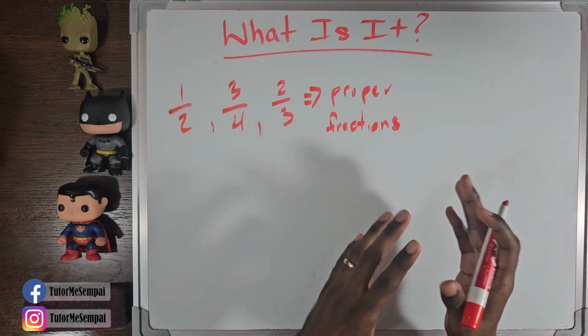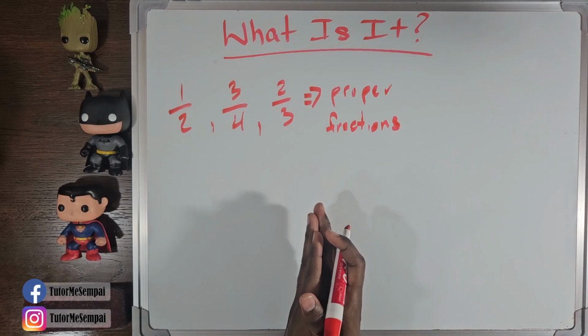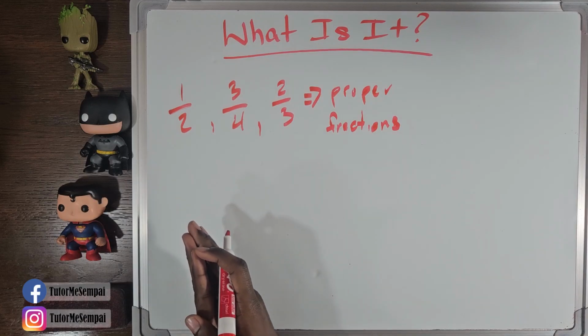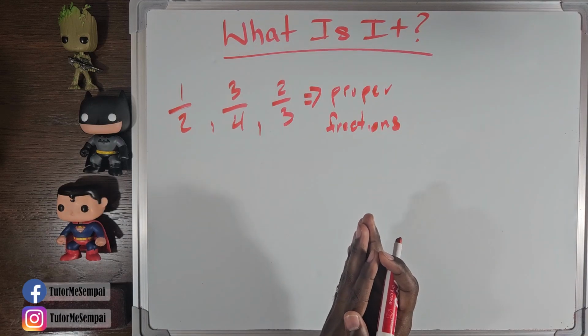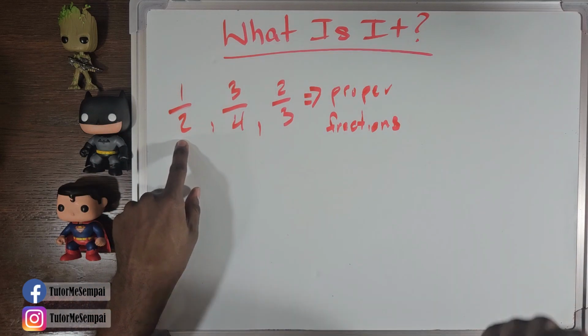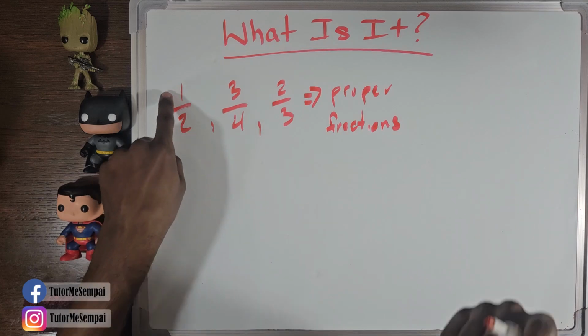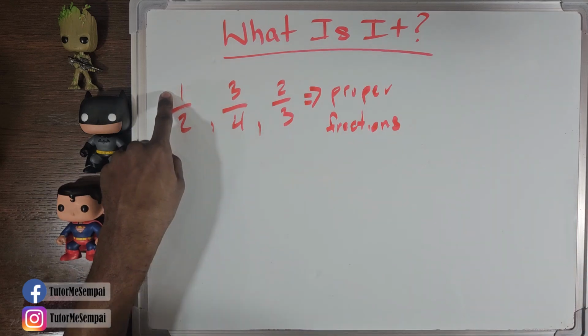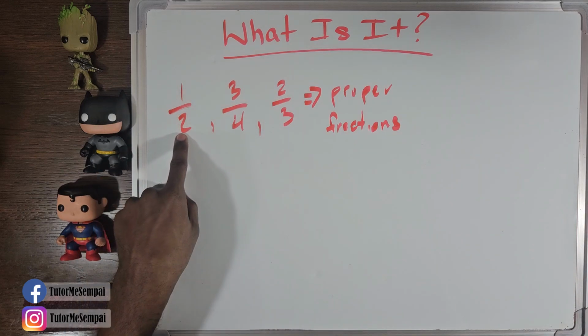Your numerator is a smaller number than your denominator. Proper fractions. So if I told you these were proper, you can probably guess what the improper fractions are going to be. That's where your numerator is the same or greater than your denominator. Your numerator has to be a bigger number or has to be the same number as your denominator.